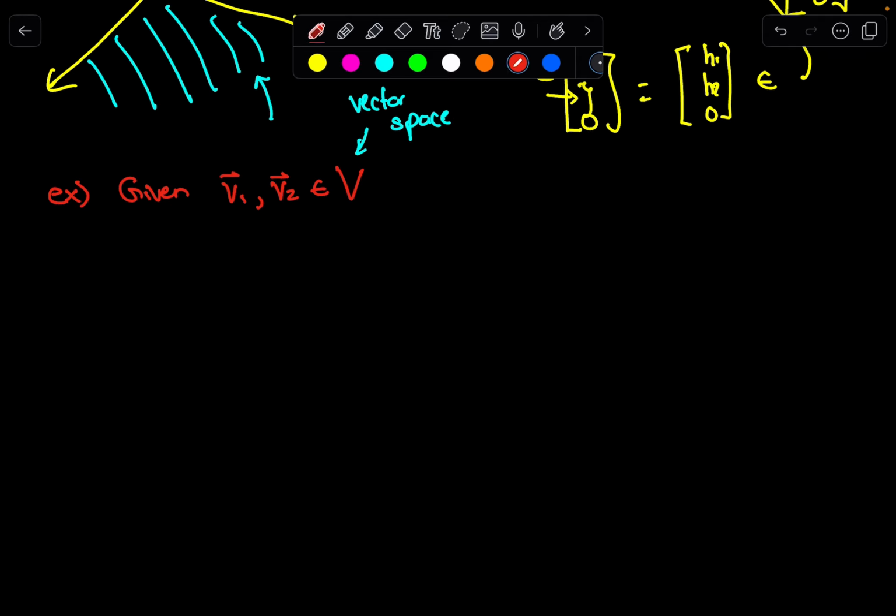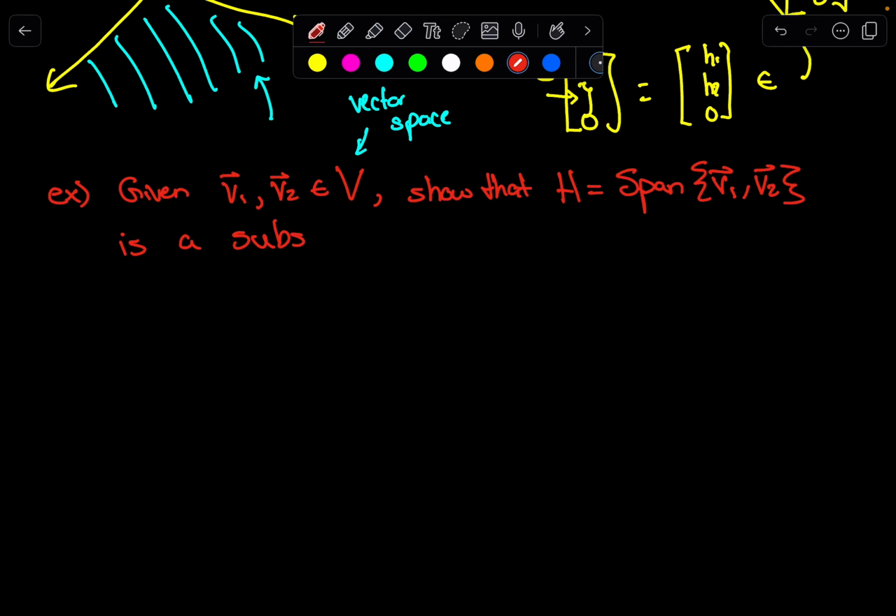So given this, I'm going to show that H, this subset that consists of the span of v1 and v2, is a subspace of V.